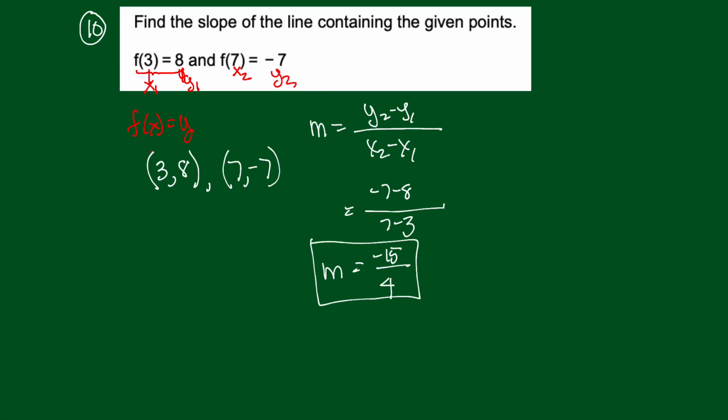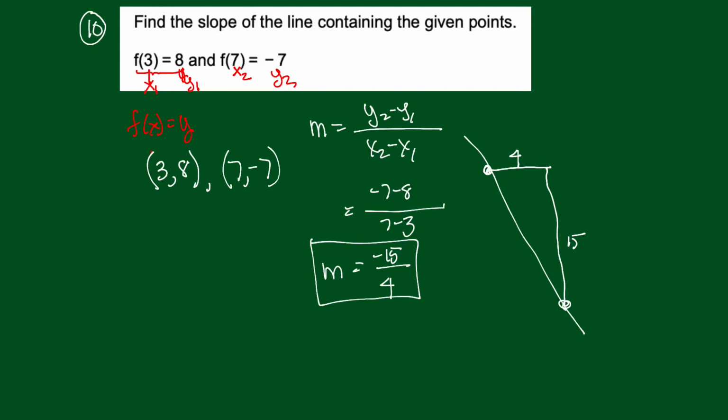And what this would tell me is if I started anywhere on the line, if I increased the inputs by 4, it's positive, so I'm going to increase the inputs by 4. Now, that's horizontal on the graph. What about the vertical? Down 15. So if I'm on the graph, if I go to the right 4, I would go down 15, and I'd be back on the graph.